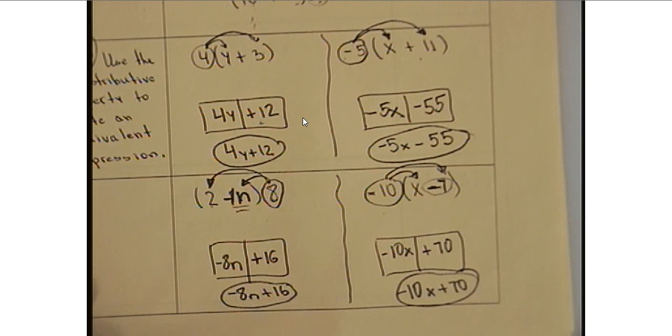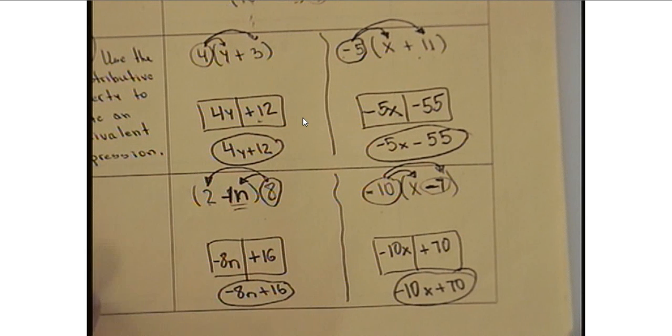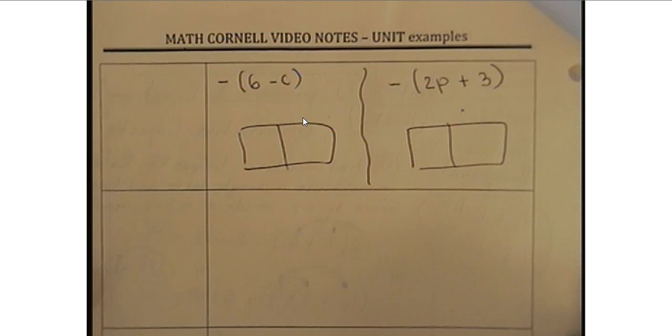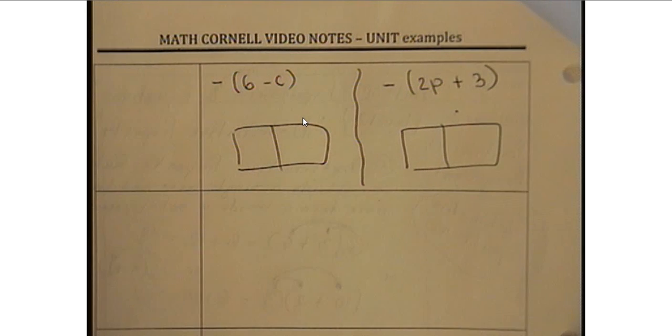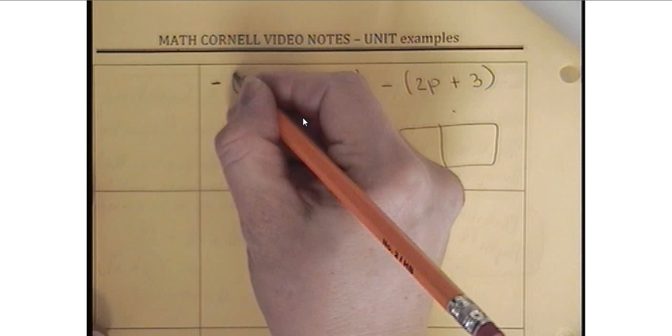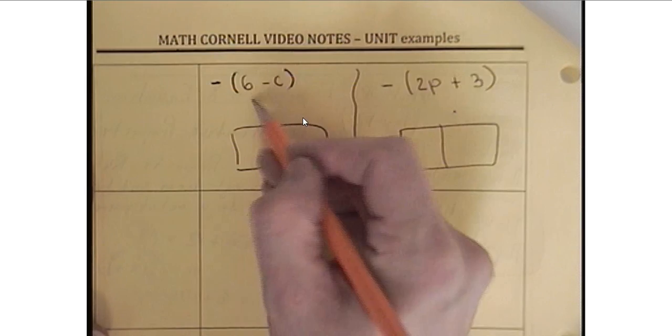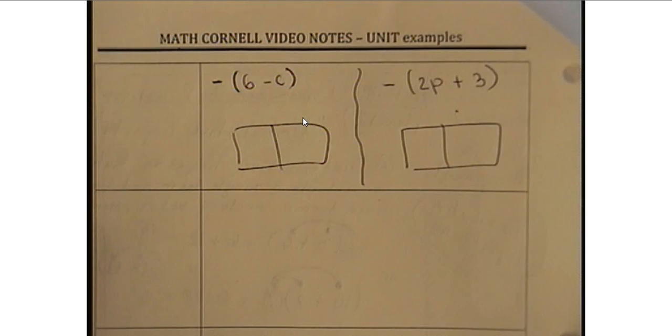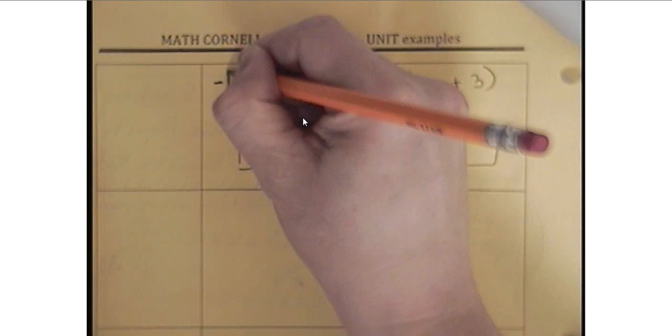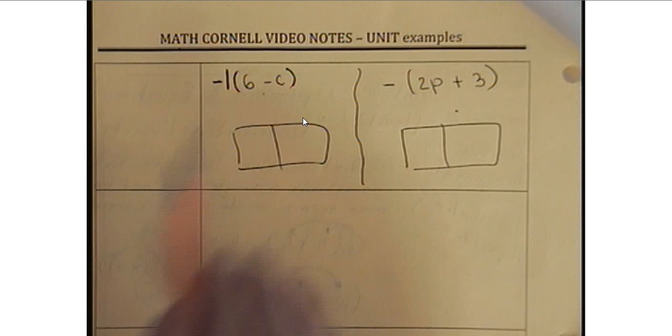Okay, I hope you got the right answers. Let's take a look at the last two examples quickly, and we will be done with the video, and you guys can begin your practice assignment. So in some cases, you will see a negative sign and the parentheses and something going on inside. In this case, remember, if there is no number, it means it's 1, because 1 times something is the same thing.